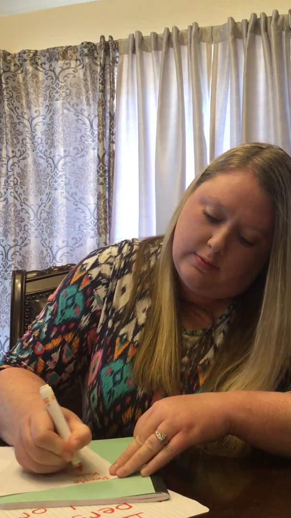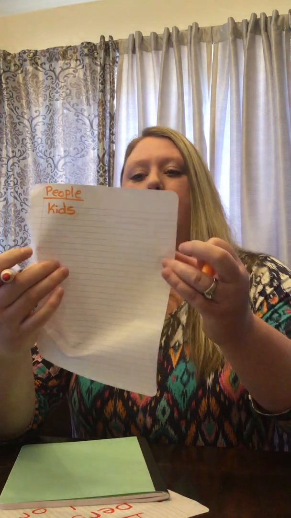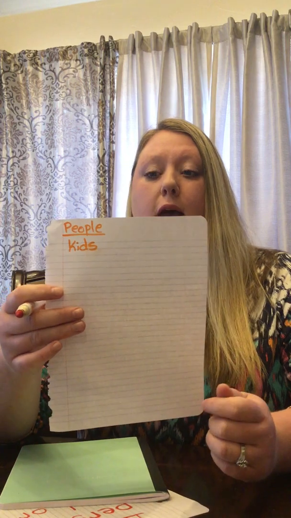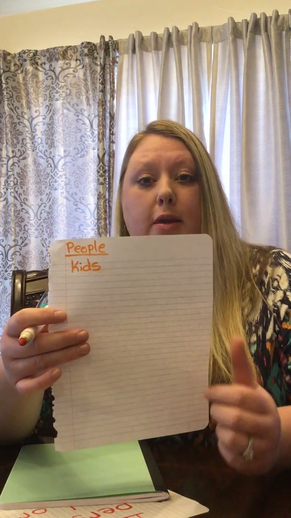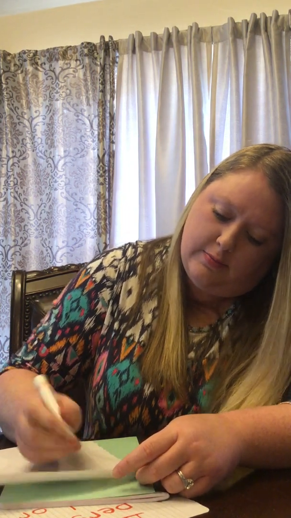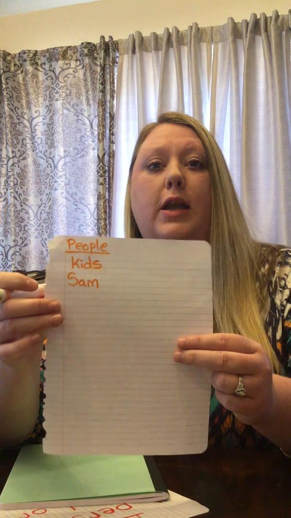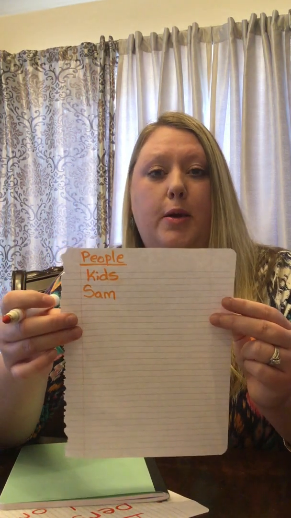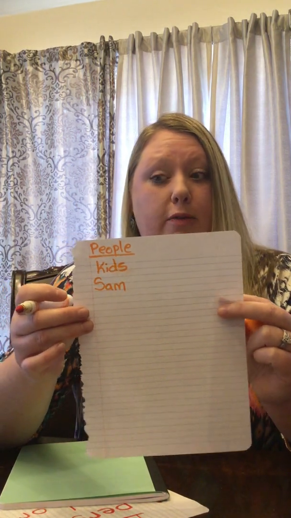Oh, I might want to put people at the top. So kids are people. Another good noun might be a name. Like I wrote the name Sam. Sam would be a noun because it's the name of a person.